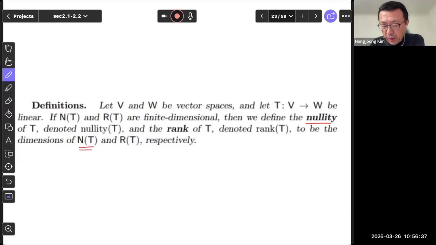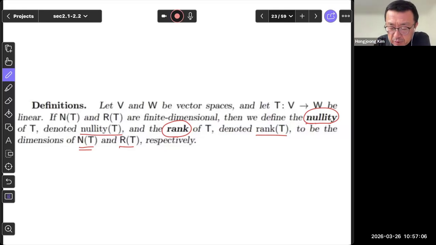The dimension of the range will be called the rank. So the nullity and rank are the dimensions of the null space and the range, respectively. The nullity is sometimes denoted by nullity of T, and rank is denoted by rank of T in symbols.